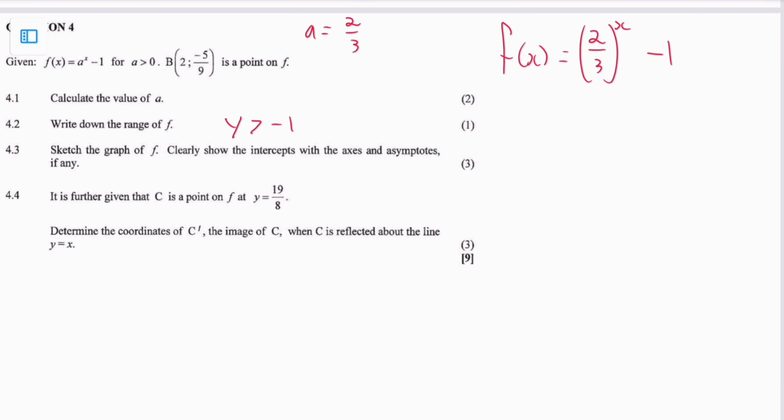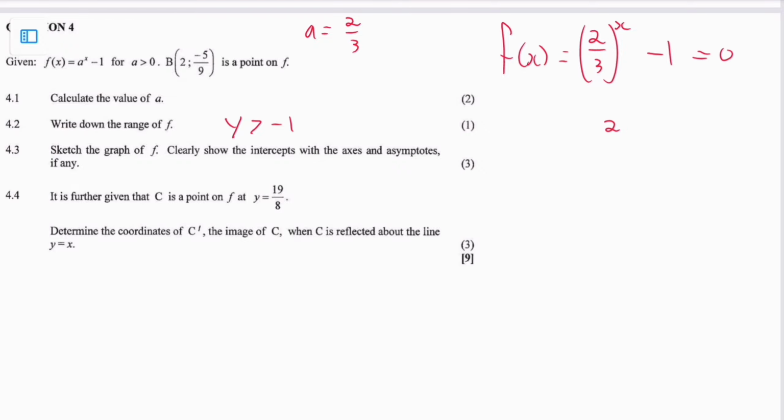where they say sketch the graph of f, and clearly show the intercepts with the axes and asymptotes. Okay, so the first thing we can do is one basic intercept that we can always ask ourselves: for which values is this equal to 0?